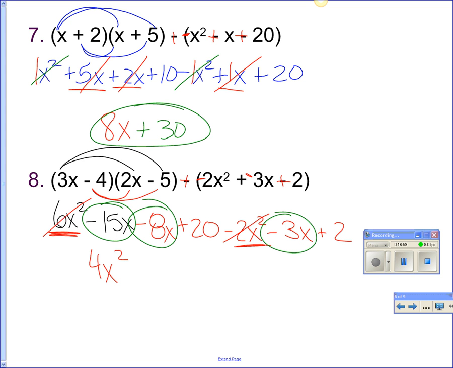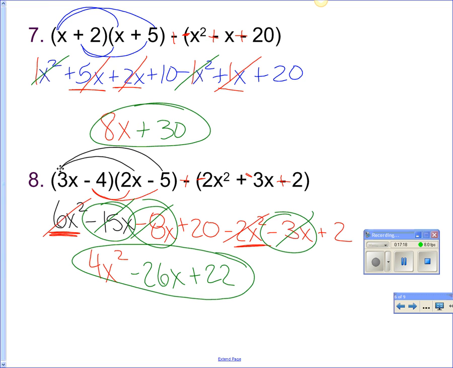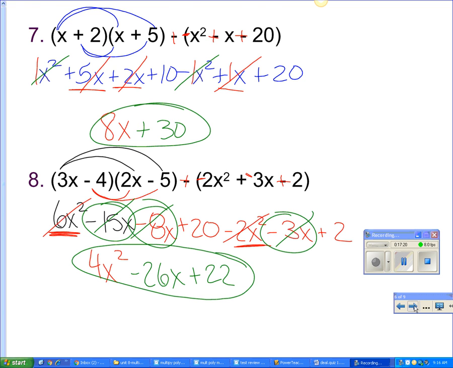All right, Ethan H., negative 15 and negative 8 is plus another negative 3. Good, Ethan. That's great. Very good. And Daniel, what goes together last? What? Which is 22. All right. Here we go. All right.